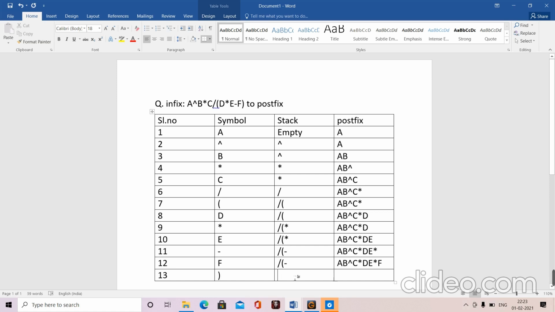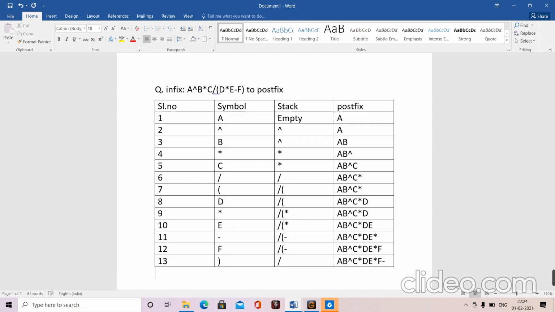The left parenthesis stays in the stack, only the division will be left, and the remaining will be added to the postfix: C, asterisk, D E, asterisk F, and then minus.